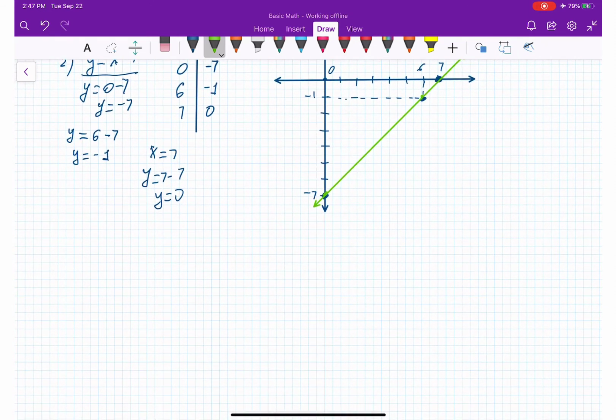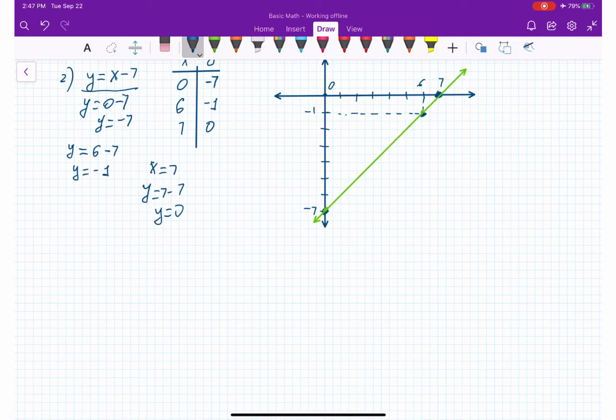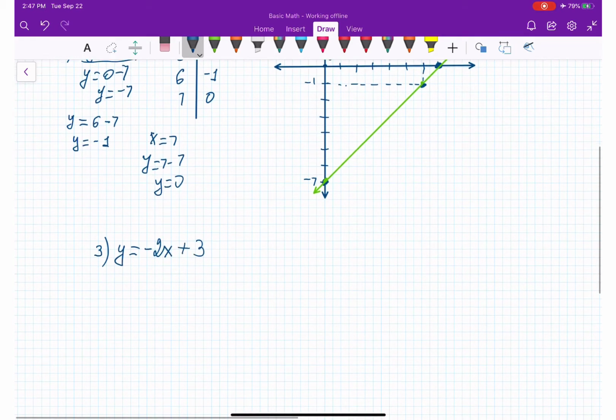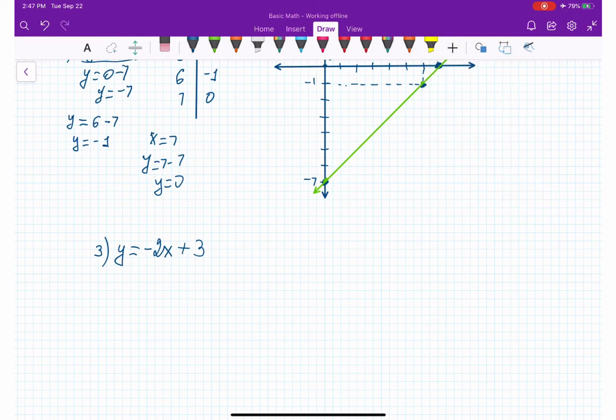Moving to next one, question number 3. So now we have y is equal negative 2x plus 3. Let's see what we have here.